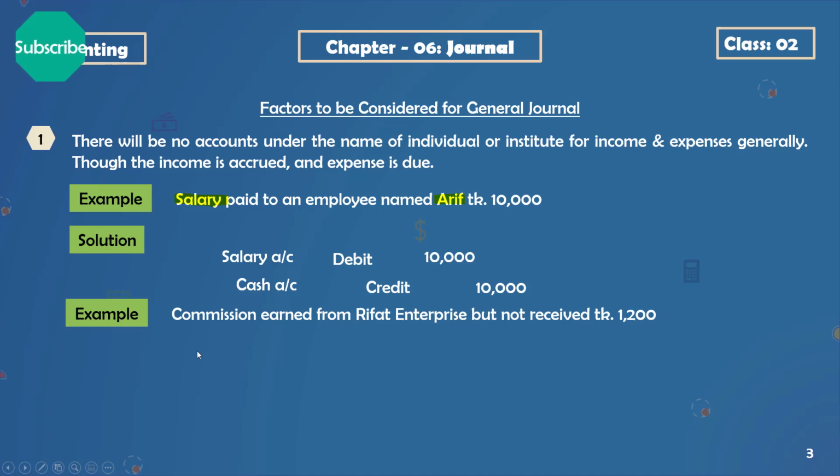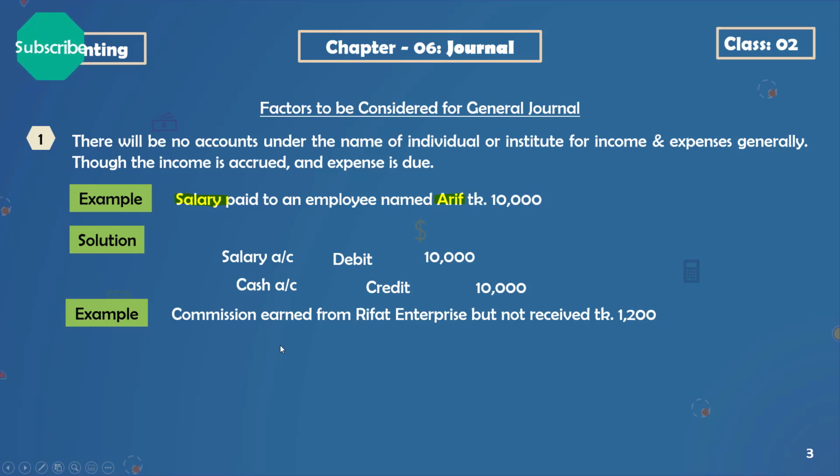Then let's take another example. Commission earned from Rifat Enterprise but not received, taka 1200. So this time the amount was not received by us. According to our rules, it doesn't matter whether you received it or not. You have to write the name of the expense or revenue.